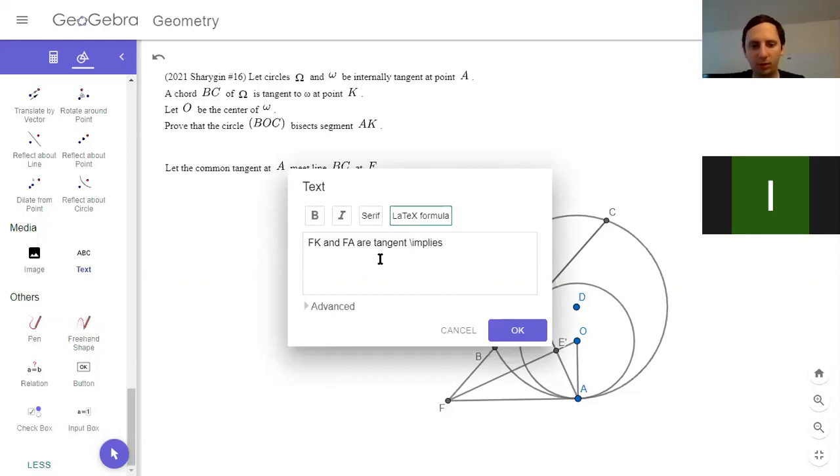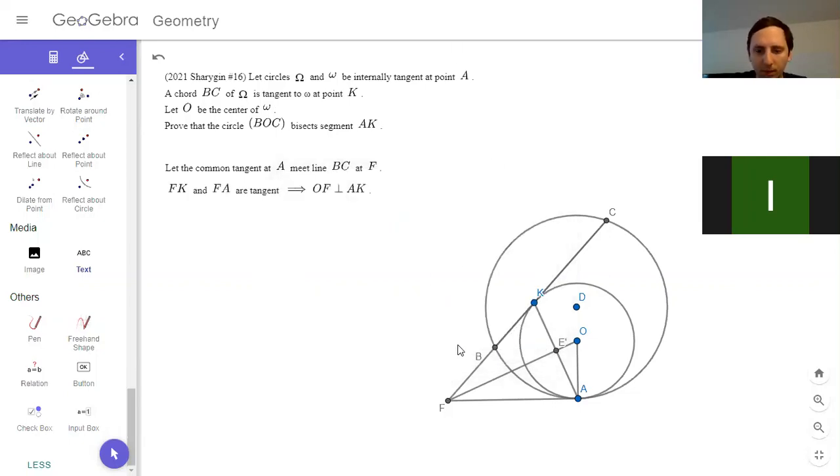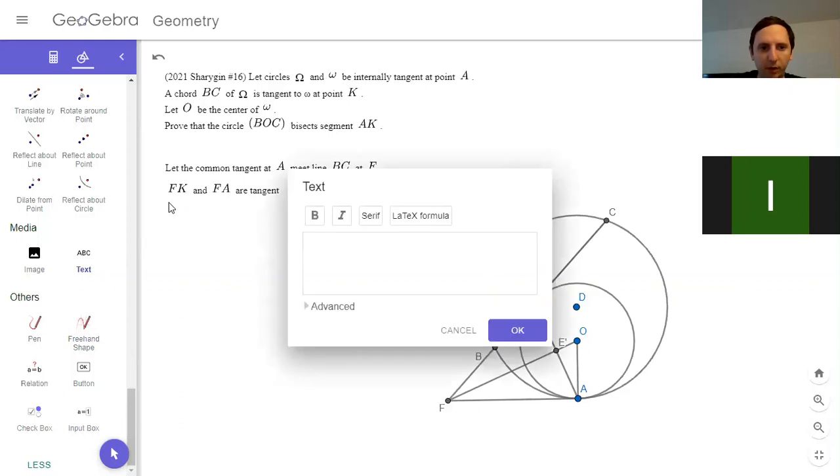So OF is perpendicular to AK. All right. And then let OF meet AK at E prime.